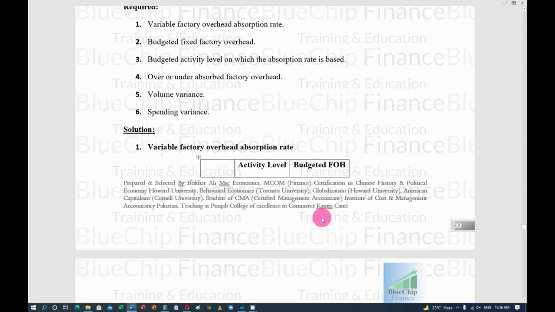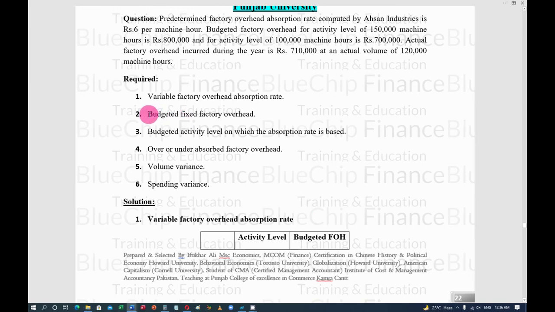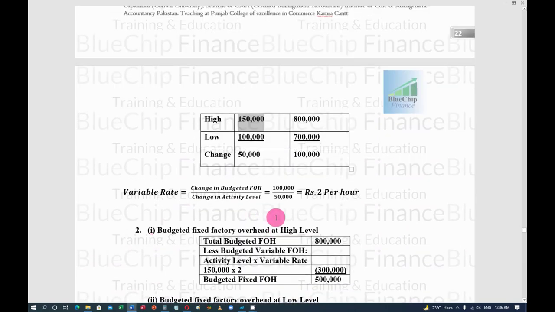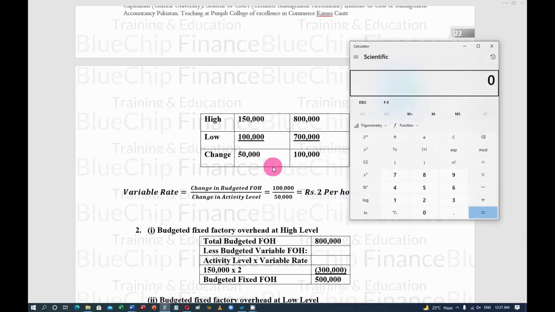Now your second requirement is to calculate the budgeted fixed factory overhead. It is very easy to calculate on both activity levels. Your variable rate is 2. So activity level 150,000 multiplied by 2 equals 3 lakh, and 8 lakh minus 3 lakh, so 5 lakh is your budgeted fixed factory overhead.